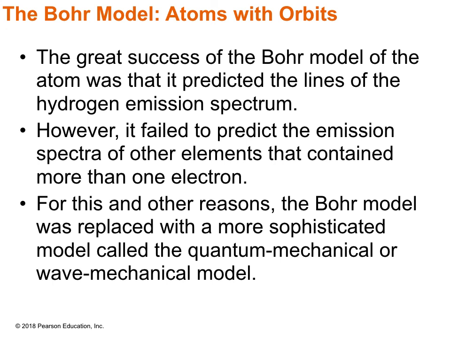However, it failed to predict the emission spectra of many other elements that contained more than one electron. And so for this reason and other reasons, the Bohr model was a good transition to a more sophisticated model called the quantum mechanical model or the wave mechanical model.